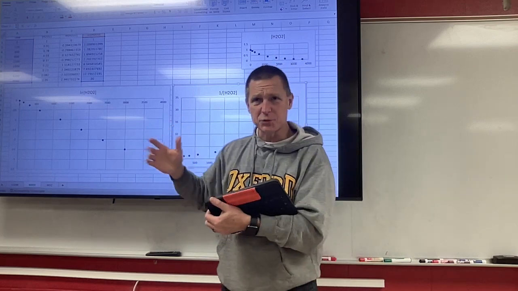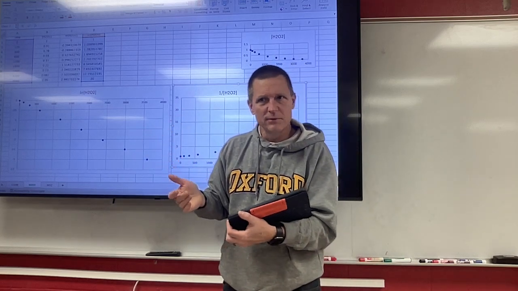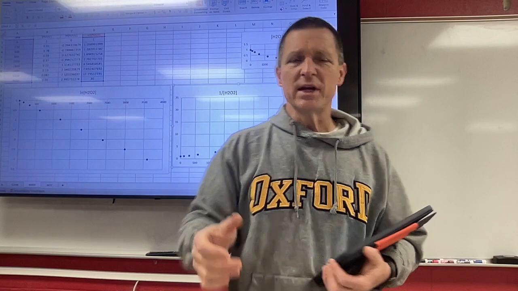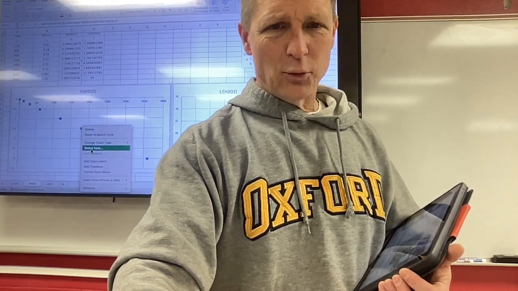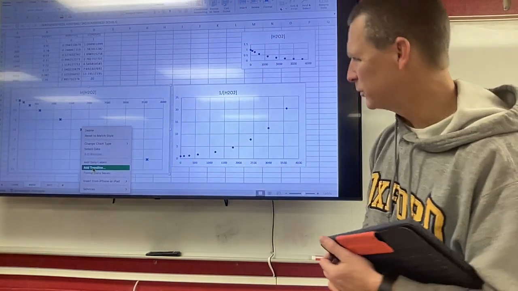Sometimes two of your graphs will both look fairly linear. Something that we can do in Excel, the iPad is going to be different, but if we right-click on one of the data points, we'll get a menu.